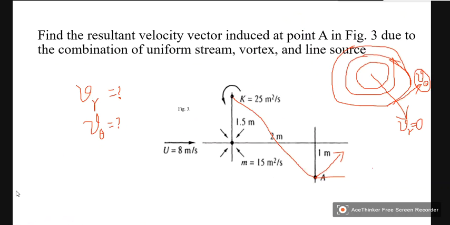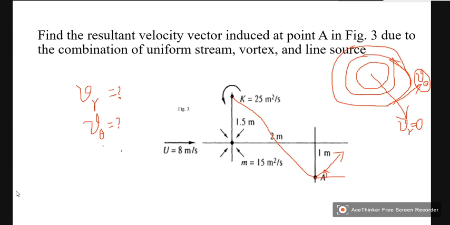So we have to calculate this angle. How do you calculate that angle? Simple trigonometry.